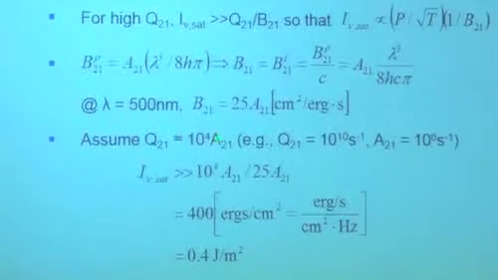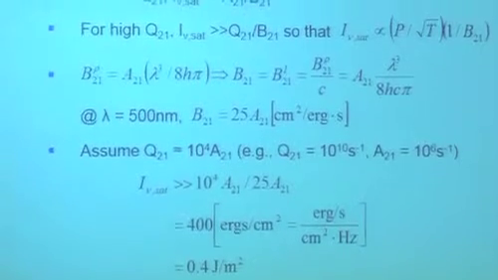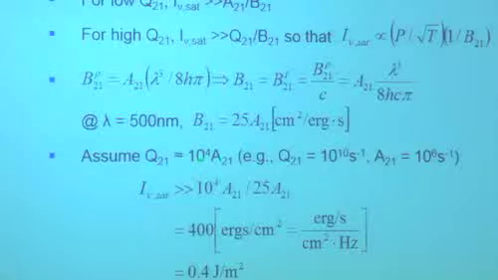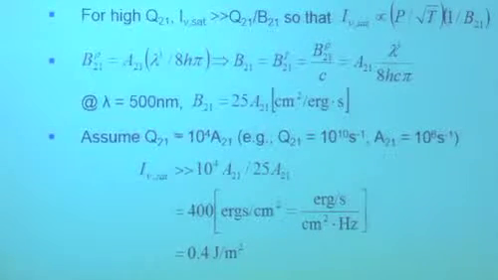Now if we assume Q is 10 to the fourth A, remember a minute ago we had A over Q is 10 to the minus 3, 10 to the minus 4, and if we assume that A is about 10 to the 6th, which it would be for NO, or OH, actually I think OH is about 10 to the 5th, then this saturation intensity, which has units of watts per square centimeter per unit frequency, I can put in the numbers, and I end up with 0.4 joules per square meter, or 400 ergs per square centimeter.